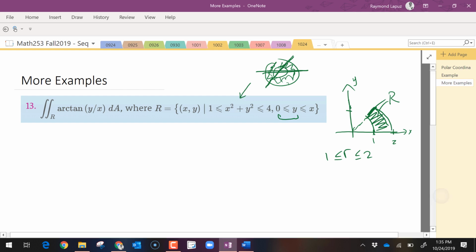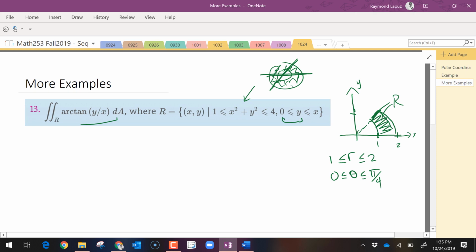And theta goes from, the line y is equal to x, the slope is 1, so you can figure out that the angle is going to be pi over 4. Okay. So now we're almost ready to transform this. We need to figure out what y over x is. Just tangent theta.